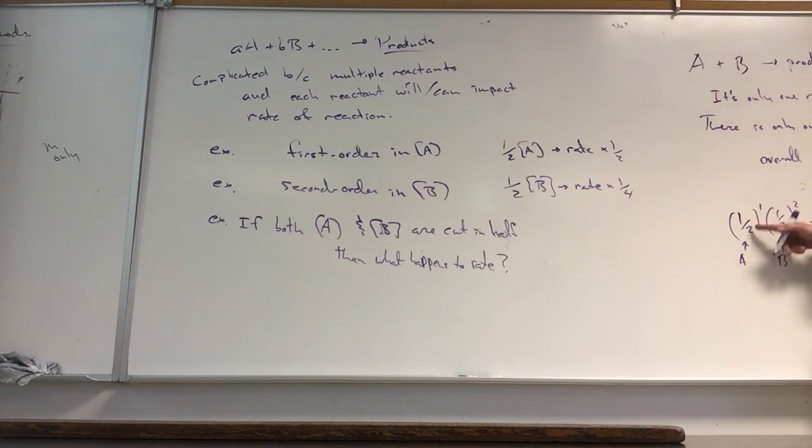And so this comes out to this. It's a composite effect. This is going to be 1/2 times 1/4, which equals 1/8, which is equal to 1/2 to the third. And so we call this third order overall, because if I cut both of those concentrations in half, the net effect is it's going to be 1/2 cubed, which is 1/8.